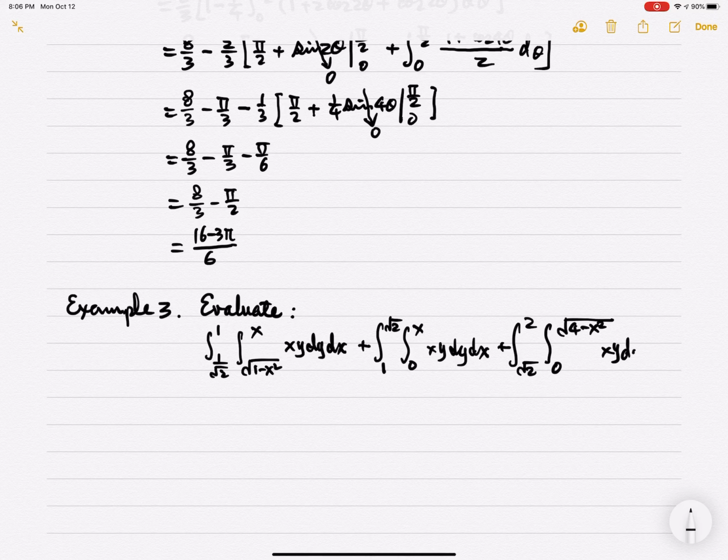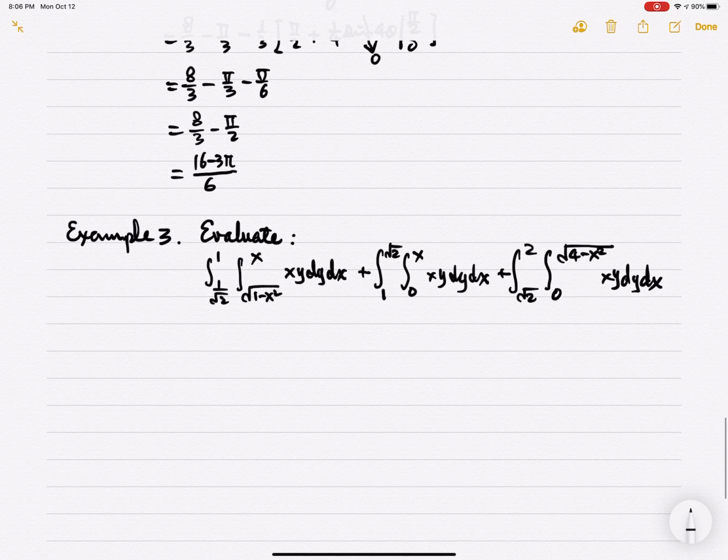xy dy dx. If you want to integrate this one by one, that's not going to be easy. So what we are going to do is first look at the region.